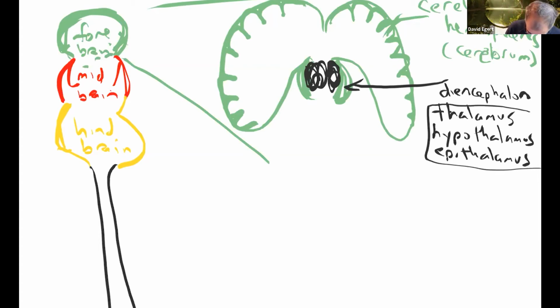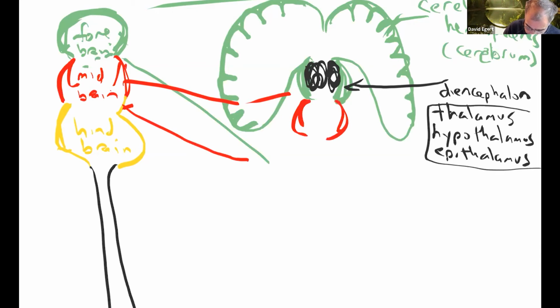The midbrain is just going to become the midbrain. We are going to talk more about stuff you find in the midbrain. There's the colliculi, the substantia nigra, but we'll look at that in more detail a little later. So midbrain, and then the hindbrain is going to become two things.